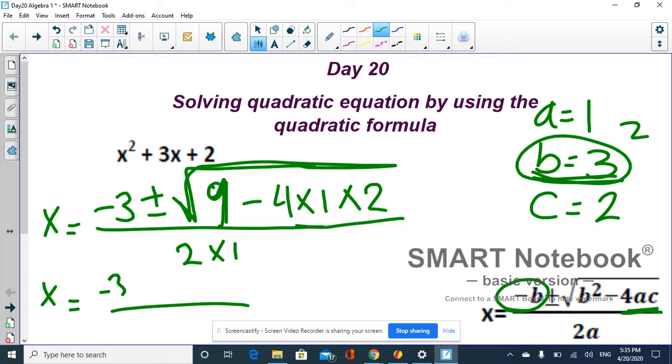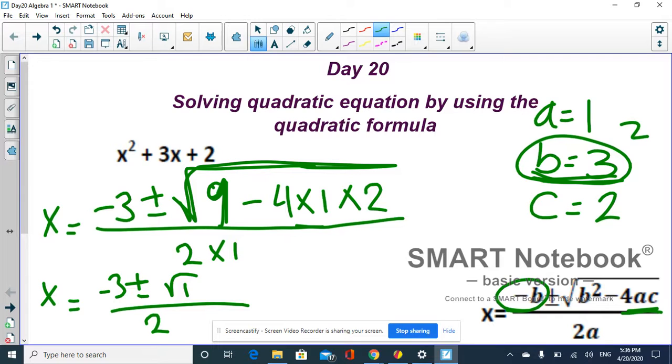Negative 3 plus or minus, you can use your calculator, root of 9 minus 4 times 1 times 2. Negative 4 times 1, negative 4 times 2, negative 8. 9 minus 8 gives you root 1 over 2 times 1, which is 2.